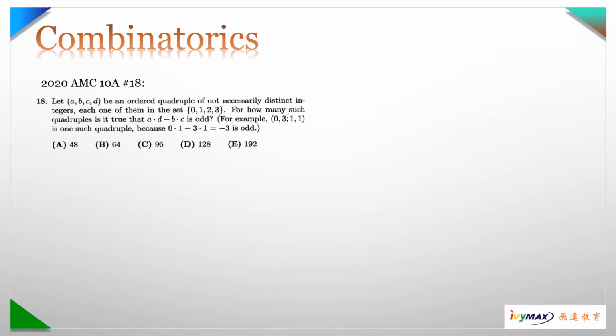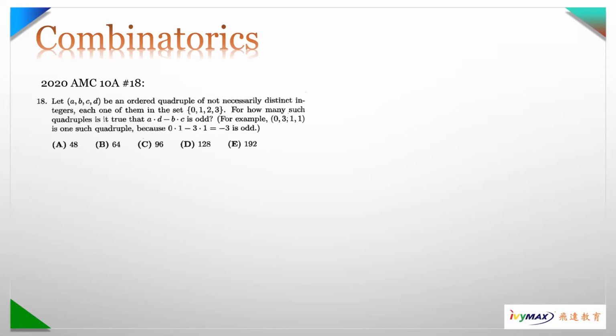This is number 18 in AMC A. So we have four ordered numbers, and they're not necessarily distinct. All of them are integers and have to be chosen from the set 0, 1, 2, 3.